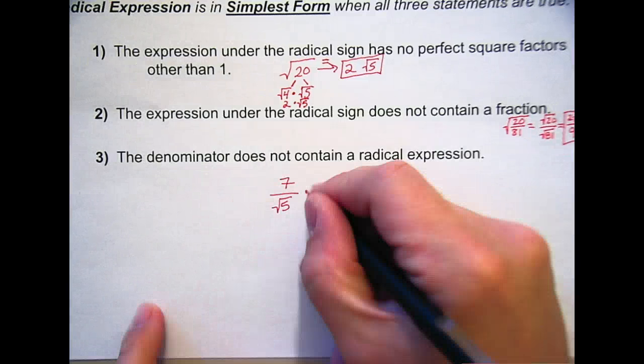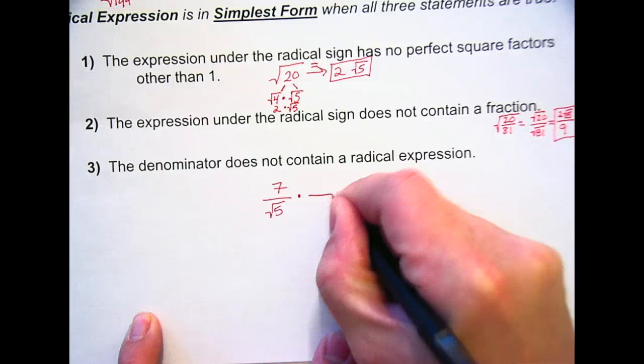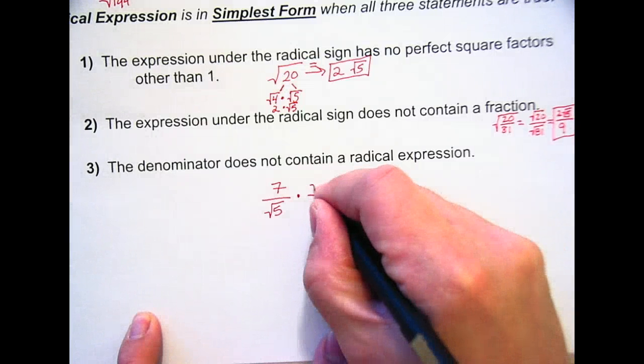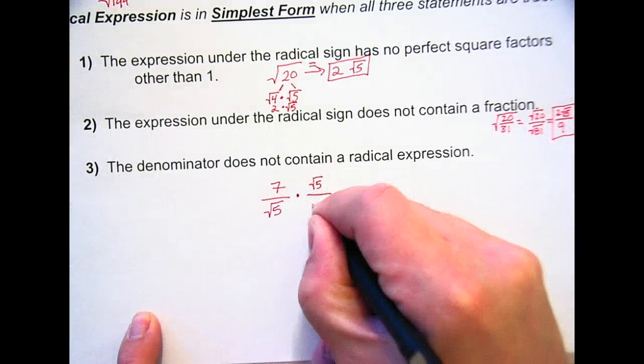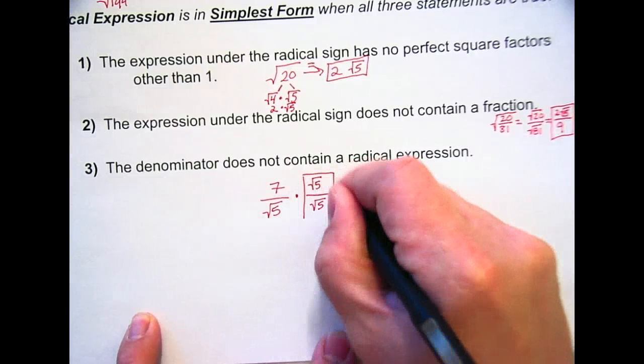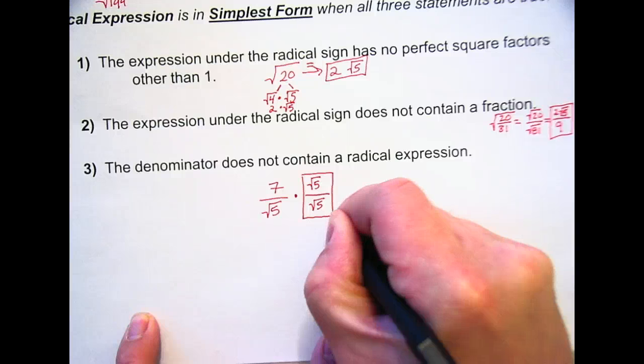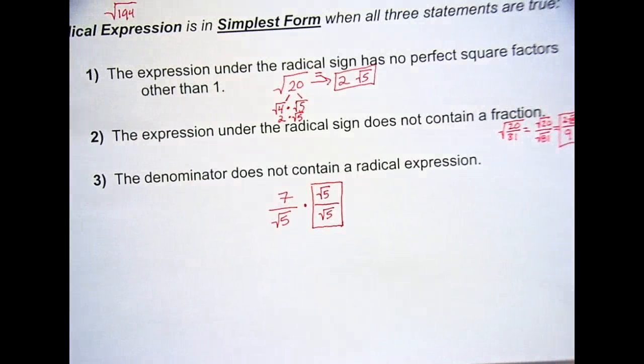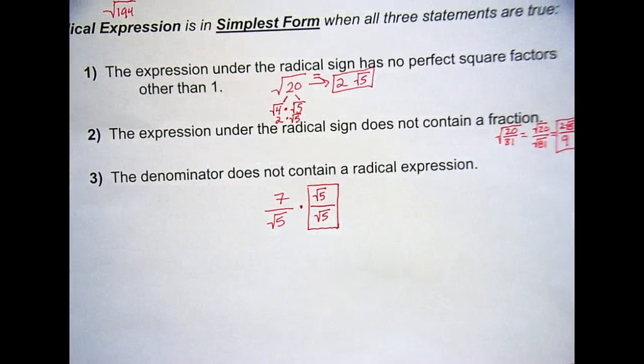Okay, well, let's change the value of 1. I'm going to say our value of 1 is this. Tell your neighbor why that's 1. Someone explain to me how that is 1. How is that equal to 1?